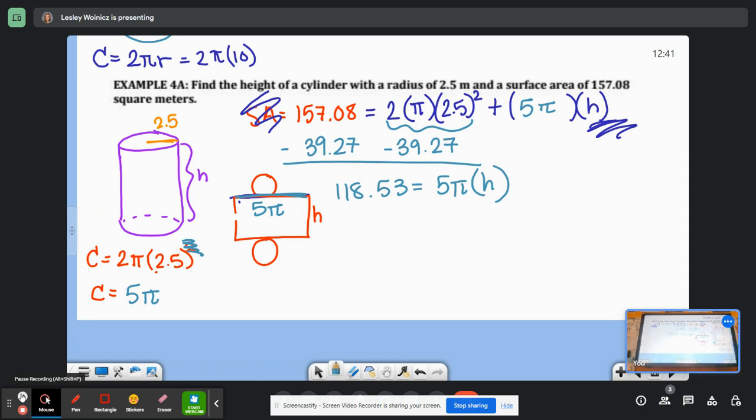Right? Because these canceled. Okay, so how do we undo multiplying by 5 pi? Yeah, divide by 5 pi.